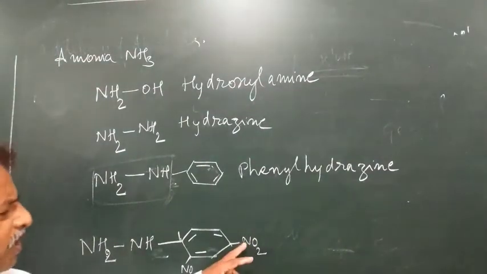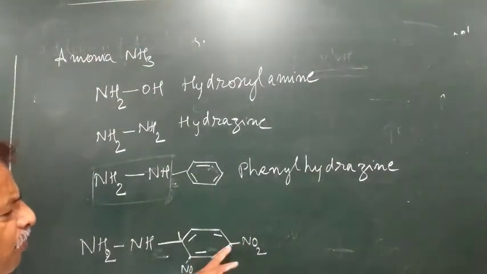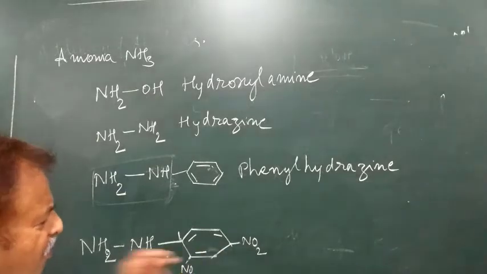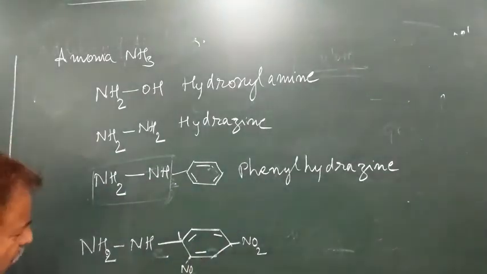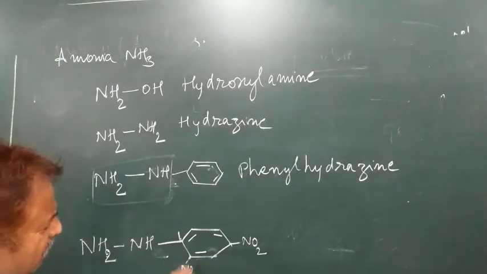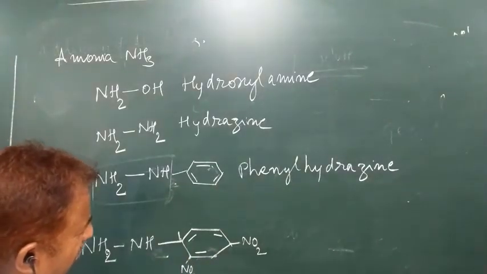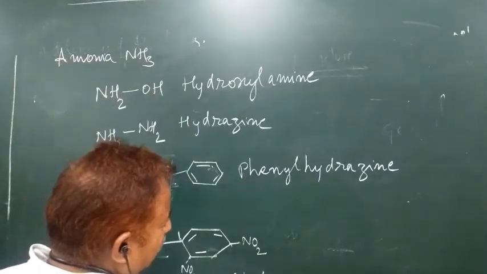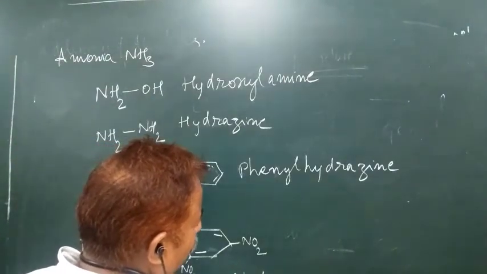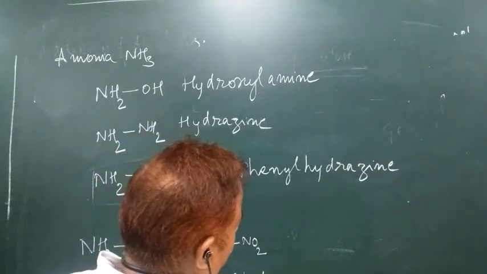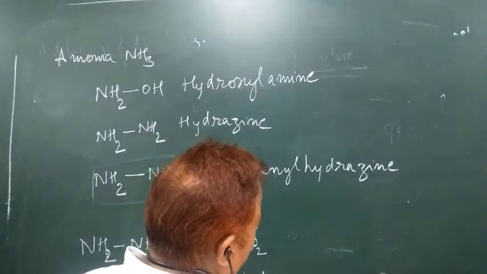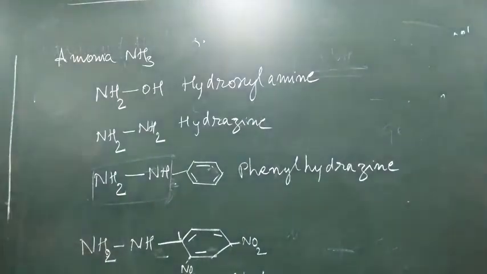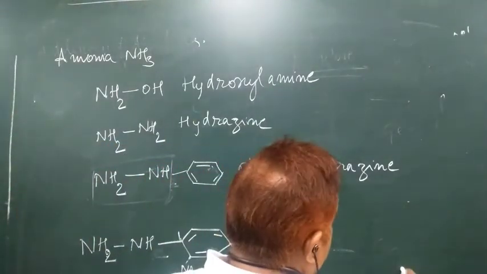So 2 nitro groups are present on the second and fourth positions of the benzene ring, therefore it is 2,4-dinitrophenyl hydrazine. Simply it is known as 2,4-DNP. This 2,4-DNP is referred to as Brady's reagent.